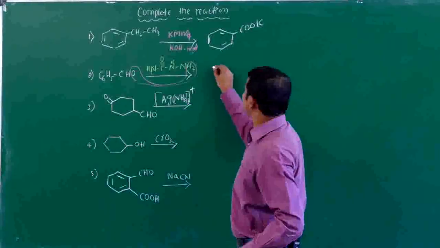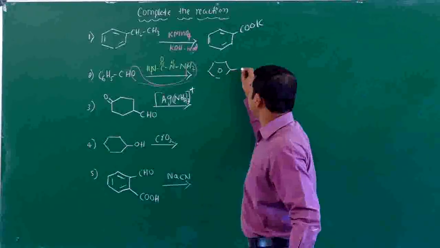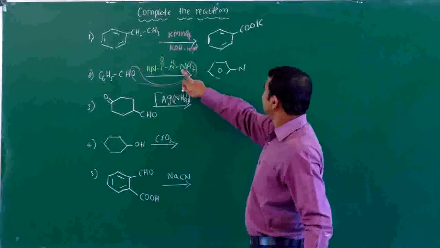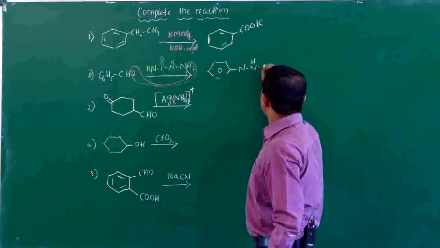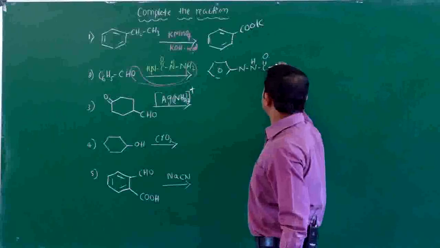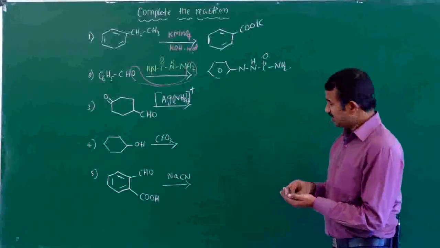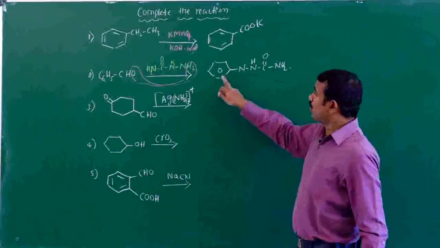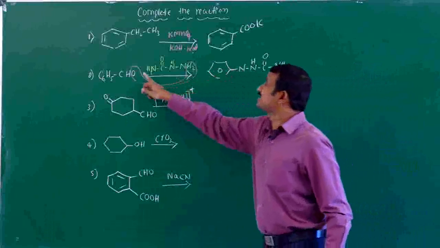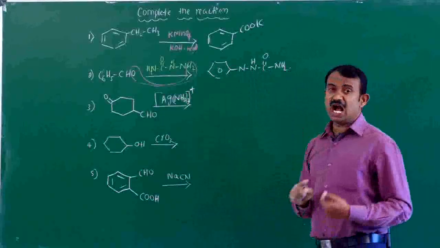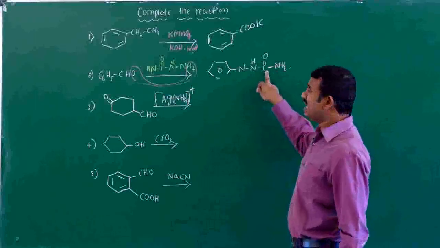C6H5, NH, NH2, this is a semicarbazone. Semicarbazide is converted to semicarbazone. This is benzaldehyde semicarbazone.